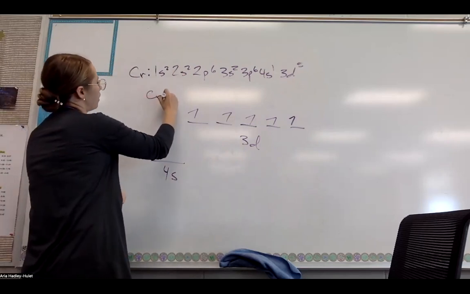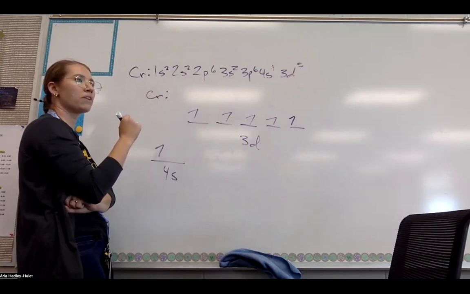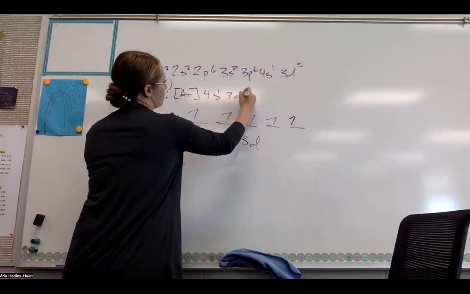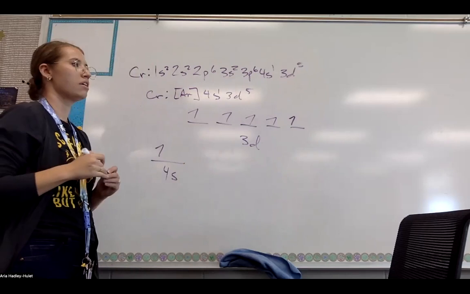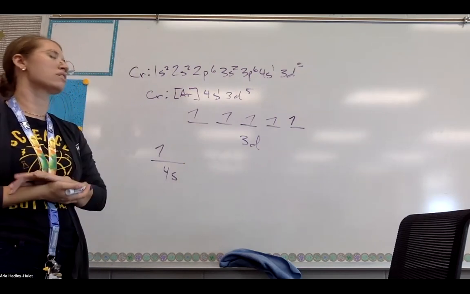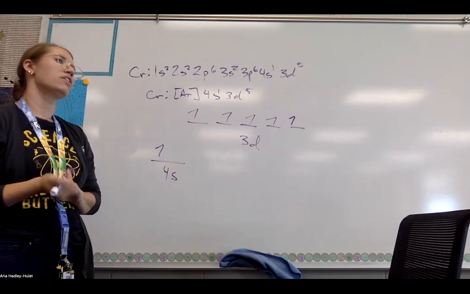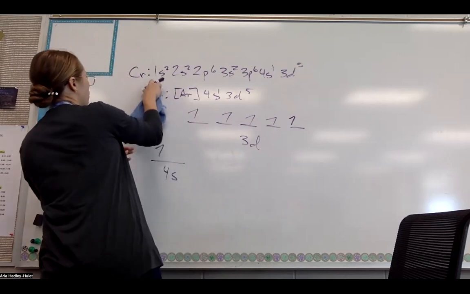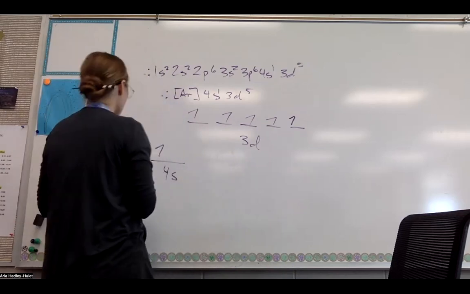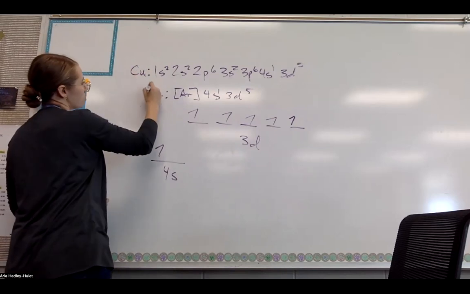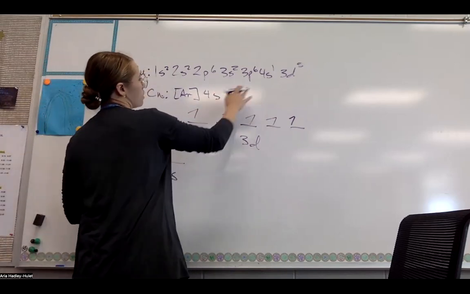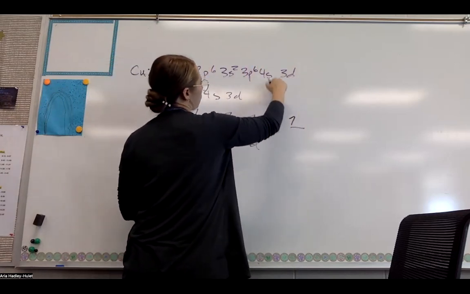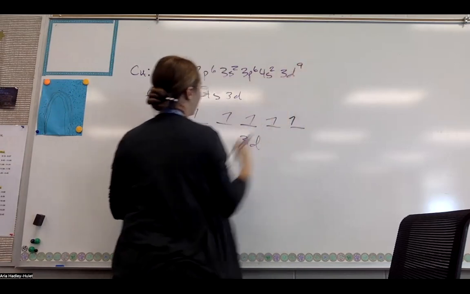So if I were to write the abbreviated for chromium, it'd be argon 4s1 3d5. Okay. Like I told you, the other place it's seen is with the d9, so copper. So let's change this now. Instead of chromium, look at copper. Copper, as we would count it through, we would expect for it to be 4s2 3d9.